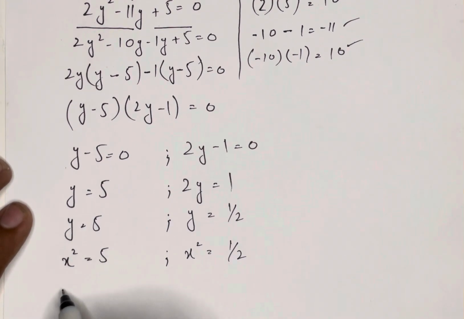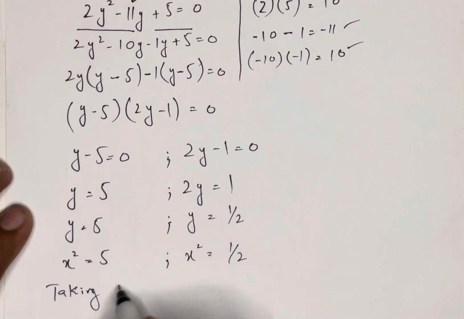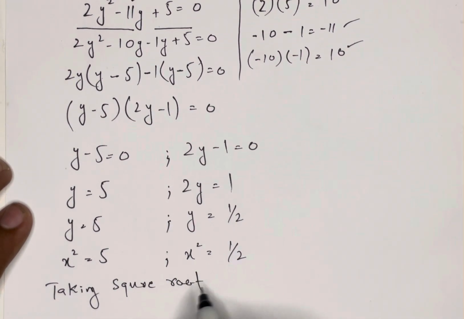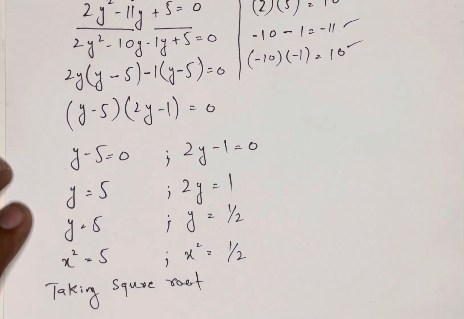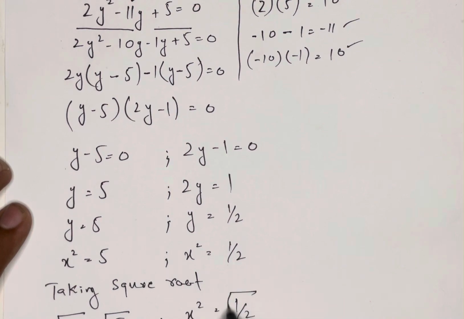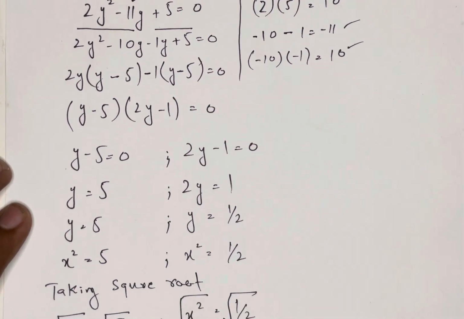And now I am taking the square root, so the equation will become x square root equal to 5 square root, and on the other side x square root equal to 1 over 2 square root.